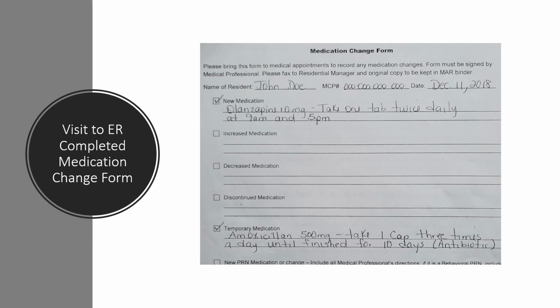Note a specific start and end time is documented when there's a temporary med prescribed. This form is to be used for reference when making changes to the MAR sheets. This form must also be placed in the MAR binder so that staff can check these changes when administering medications.